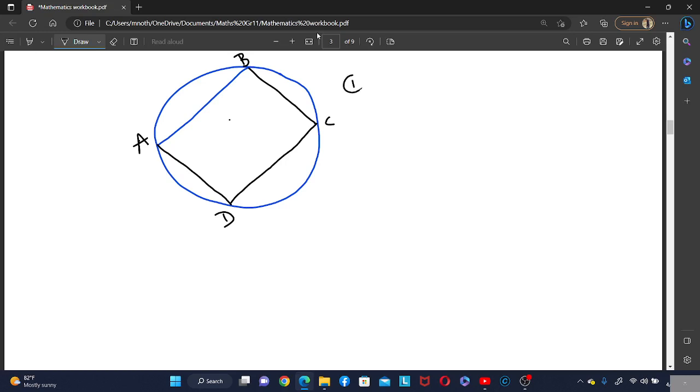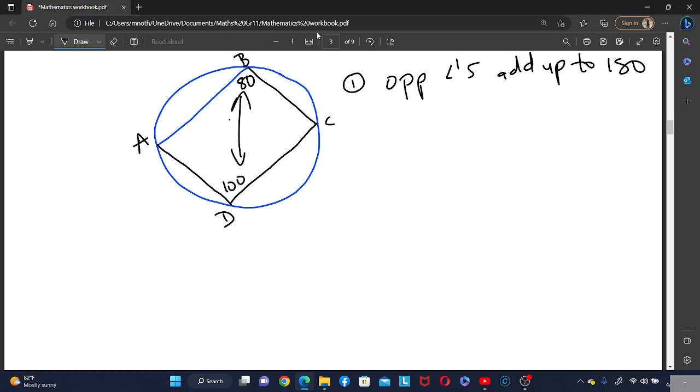The first thing is that the opposite angles of a cyclic quadrilateral add up to 180 degrees, meaning that if here in B you have 80, it means that here in D it's 100 degrees, because the opposite angles of a cyclic quadrilateral add up to 180 degrees, right?